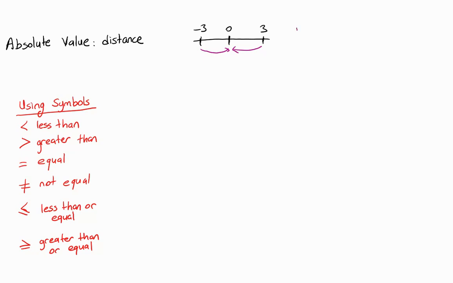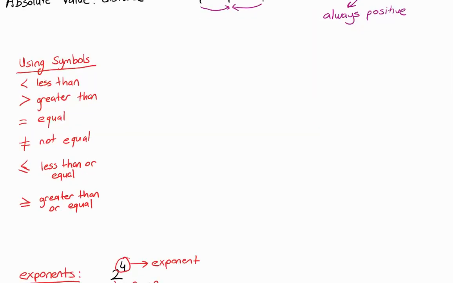So we say -3 in absolute value is equal to +3. They are both equal to 3. And it is always positive. So absolute value always comes out as a positive number.